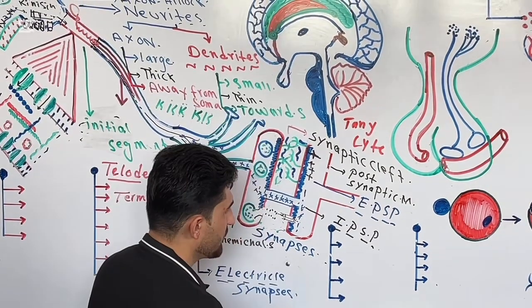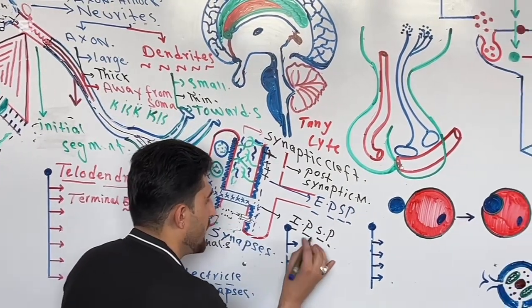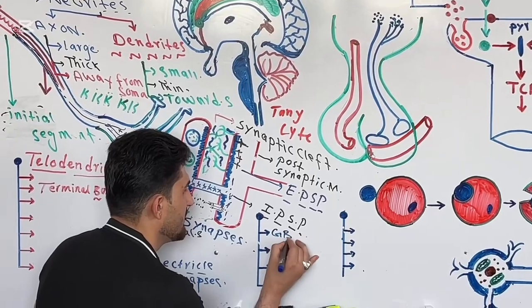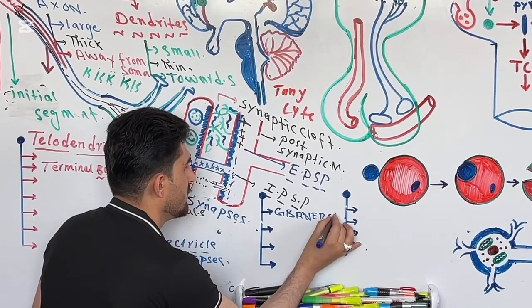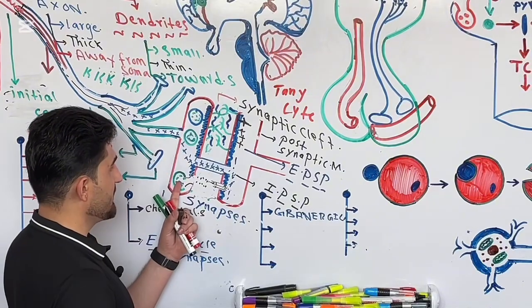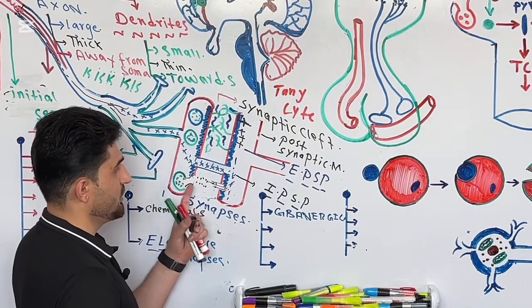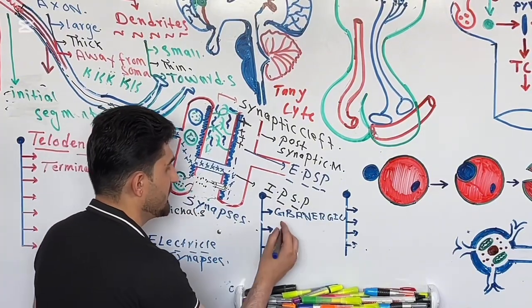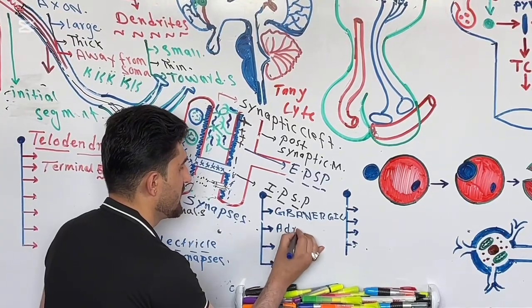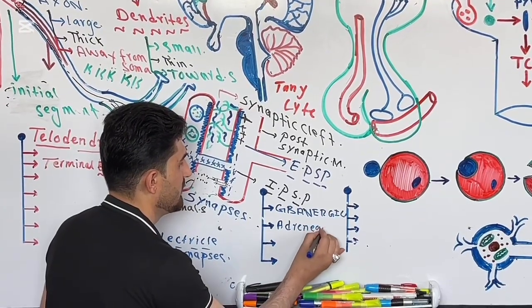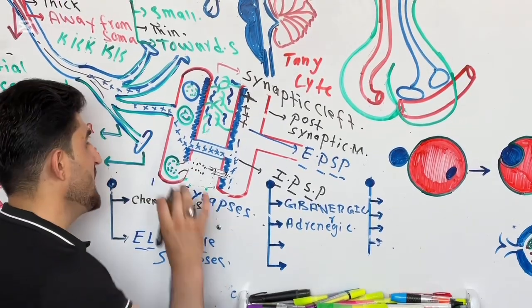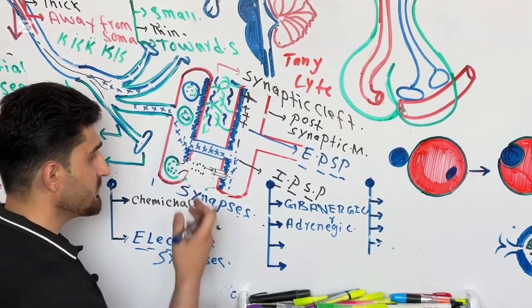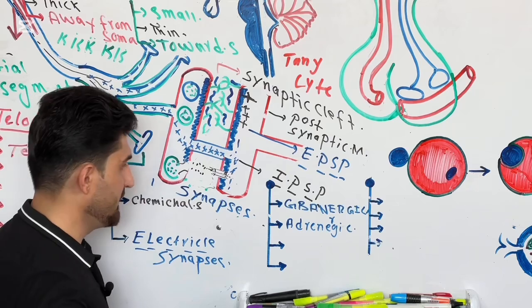Another type of synapses is based on neurotransmitter. For example, the GABAergic synapse. In a GABAergic synapse, the neurotransmitter is GABA. Another one is the adrenergic synapse. In an adrenergic synapse, the neurotransmitter could be adrenaline or epinephrine.